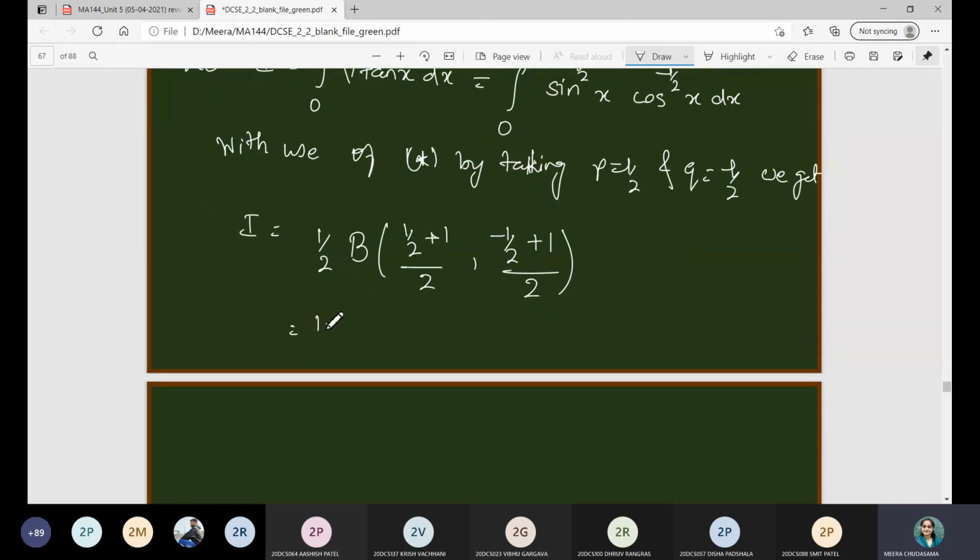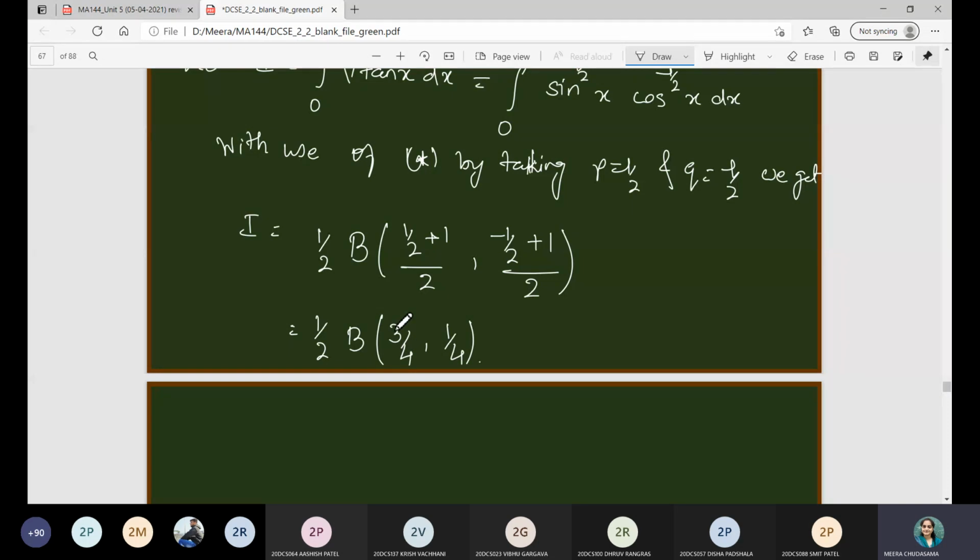If you simplify this, 3 by 2 divided by 2 is 3 by 4, and 1 by 2 divided by 2 is 1 by 4. So that is what the evaluation is.